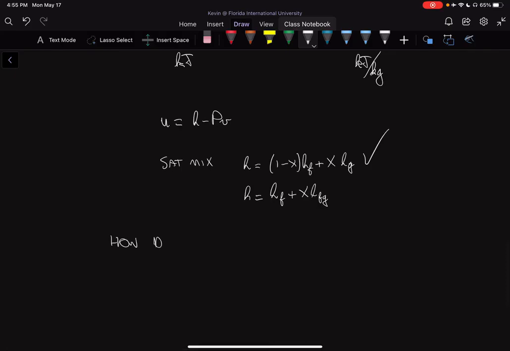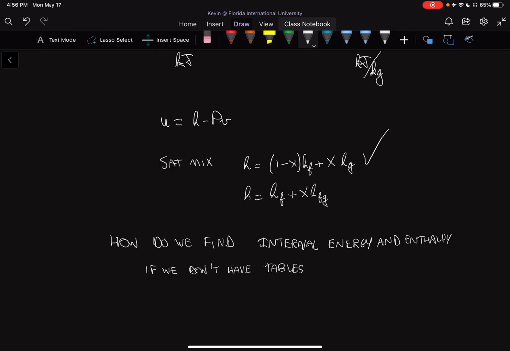How do we find internal energy and enthalpy if we don't have tables for solids, liquids, and gases?